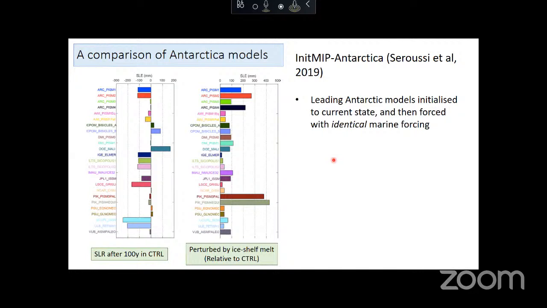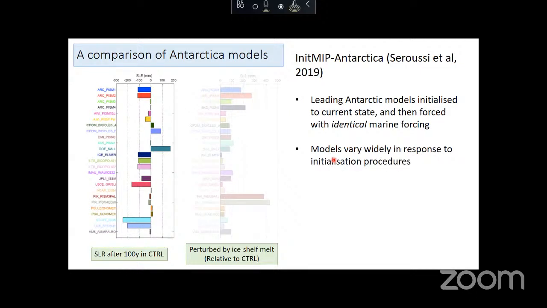By forcing, I mean they applied some representation of marine melting to their ice shelves, and then saw how they responded. The first experiment was the no change, no climate change, no change to current conditions. The experiment compared how these different models behaved over 100 years, which is quite a long time.